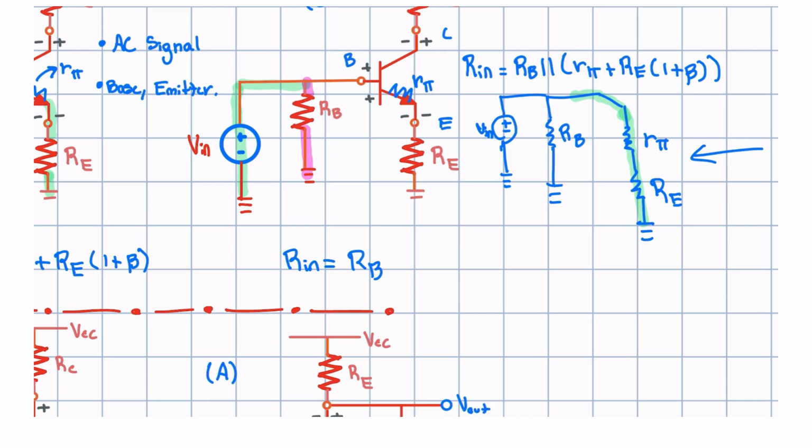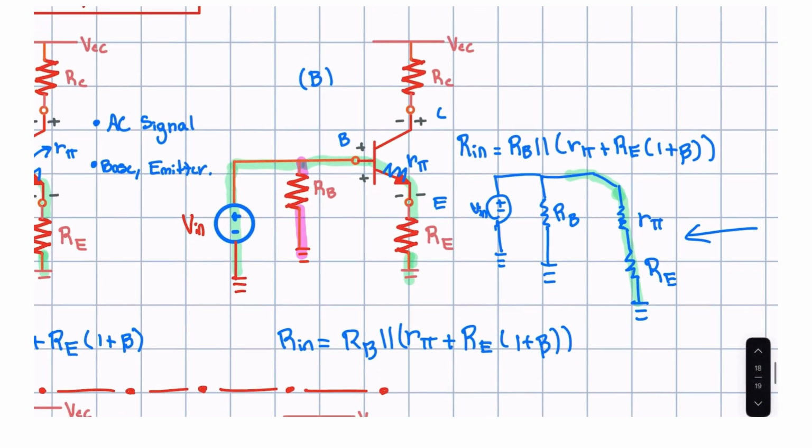Now, as we go to the right, we're going to hit R pi, and this R pi is in parallel to RB. This R pi is also in series with RE, which we also hit, and RE is multiplied by the constant 1 plus beta. So hopefully that helped a little more. This is how we get the input impedance for this particular BJT. So let's move to another problem.